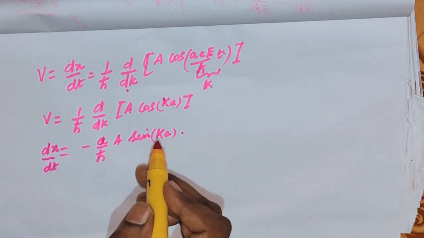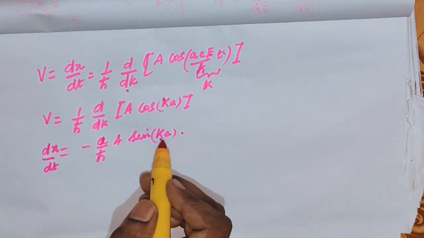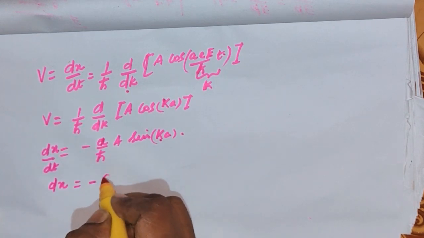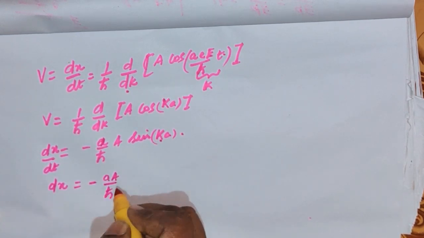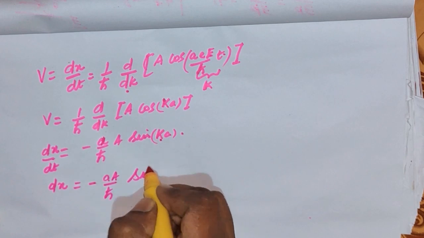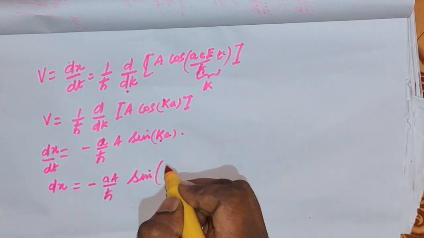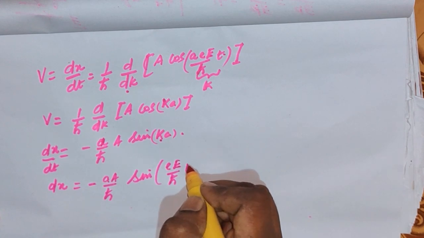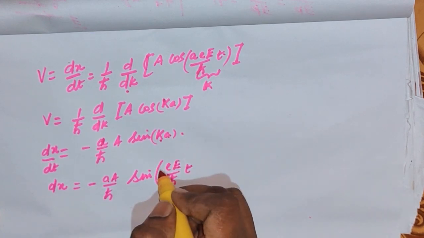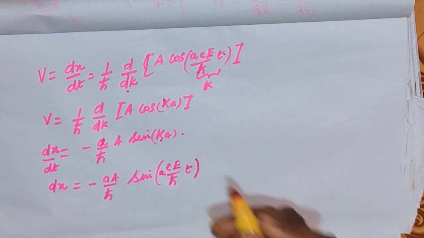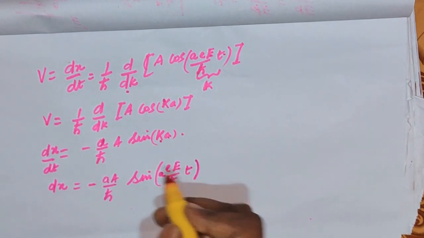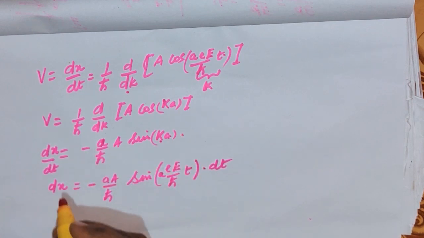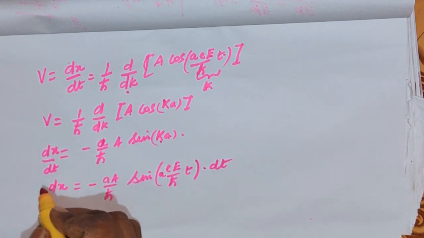Now you can substitute the k value, the wave vector of the electron: A a divided by h cut, sine of the k value, which is eE divided by h cut times t, into the lattice parameter, times dt. Now I'm just pushing this dt to the right hand side. Now take the integration on both sides.